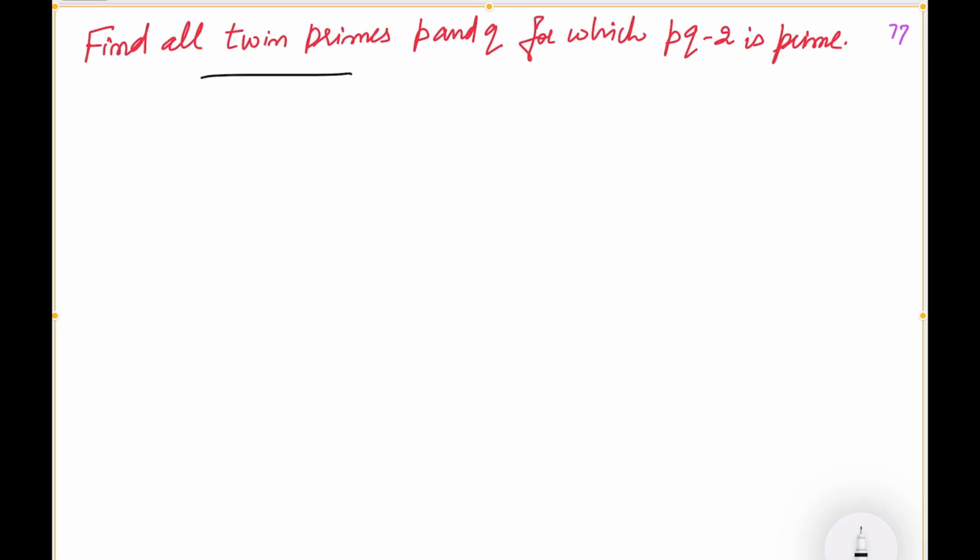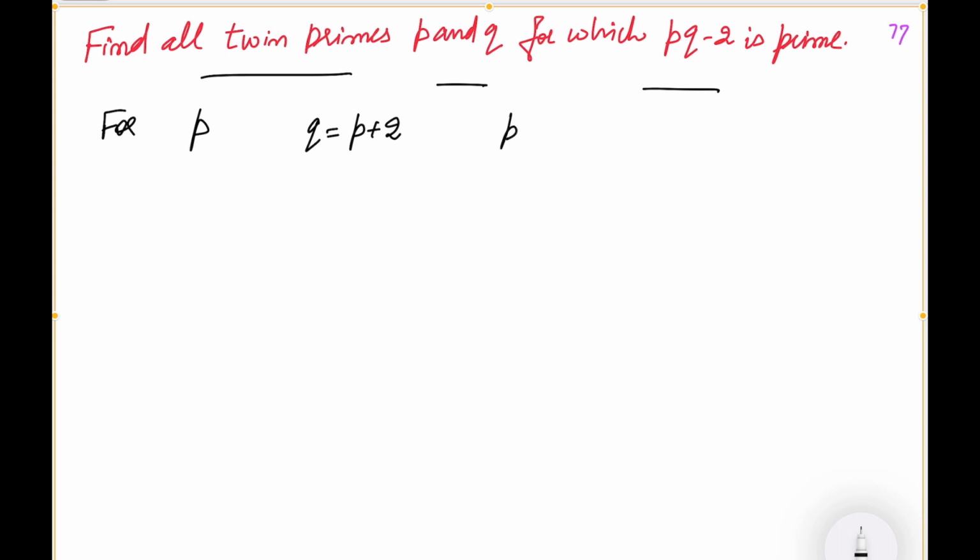Find all twin primes p and q for which pq minus 2 is prime. Now p and q are twin primes. That means for p and q to be twin primes, q has to be p plus 2.